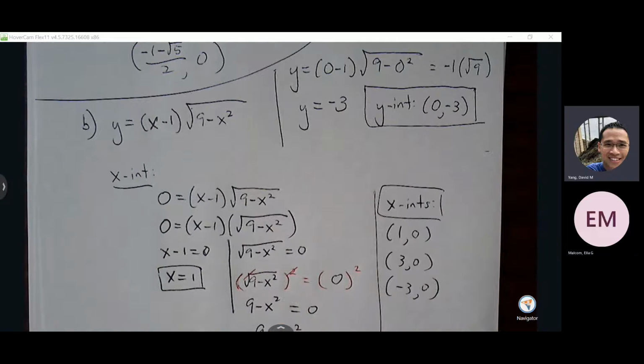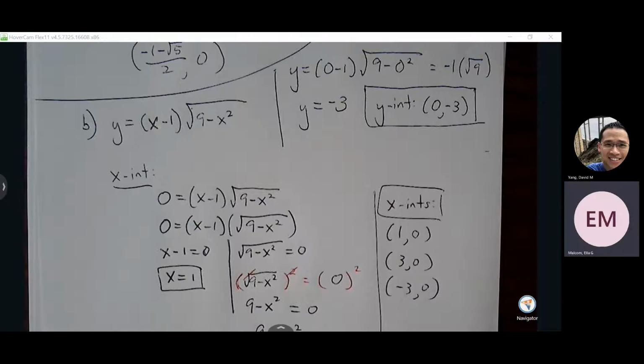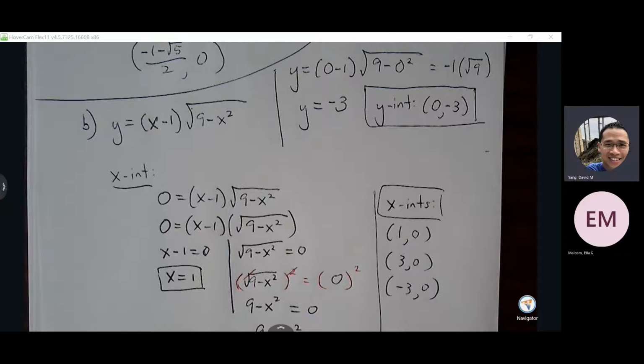This is not something that is familiar. Right. Doesn't really match any of the parent functions that we're used to seeing. Let's see what it looks like. It's probably strange looking.